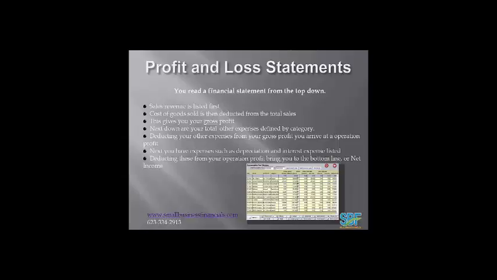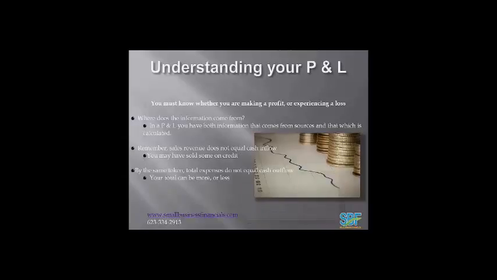This is how your P&L can really be of help to you, but you have to have it, and you have to have it set up correctly in order to find these problem areas so that you can actually do some maintenance and make your business more profitable.